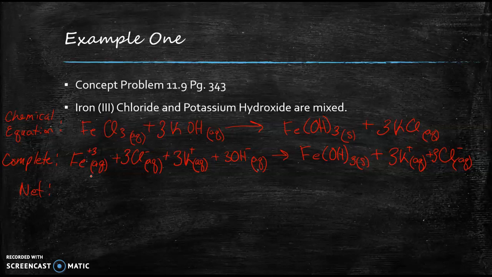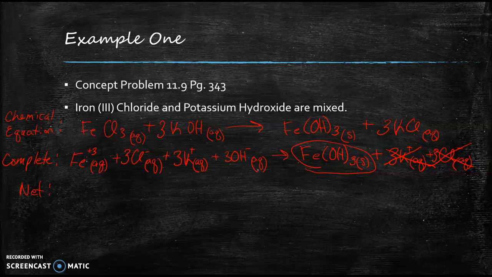Pause the video to identify what your net equation will be. And then when you're ready, unpause it to watch me go over it. Alright. On this side of the equation, we know what our precipitate is. It is that iron hydroxide. We're going to cross out the two ions that are not a part of our precipitate.